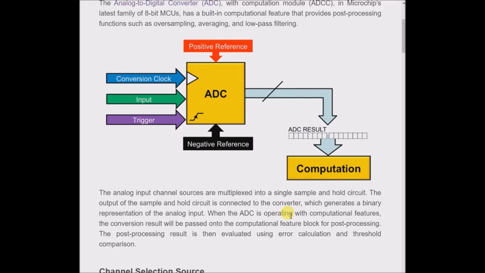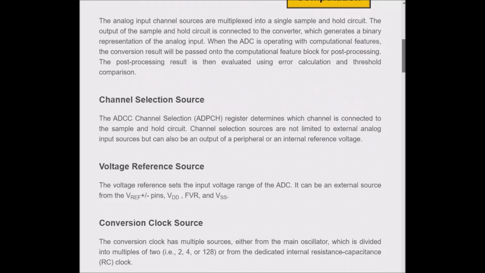The output of the sample and hold circuit is connected to the converter, which generates a binary representation of the analog input. When the ADC is operating with computational features, the conversion result will be passed onto the computational feature block for post-processing. The post-processing result is then evaluated using error calculation and threshold comparison.